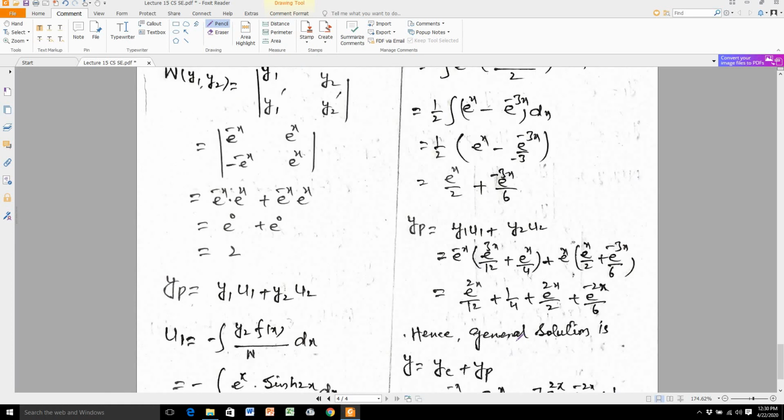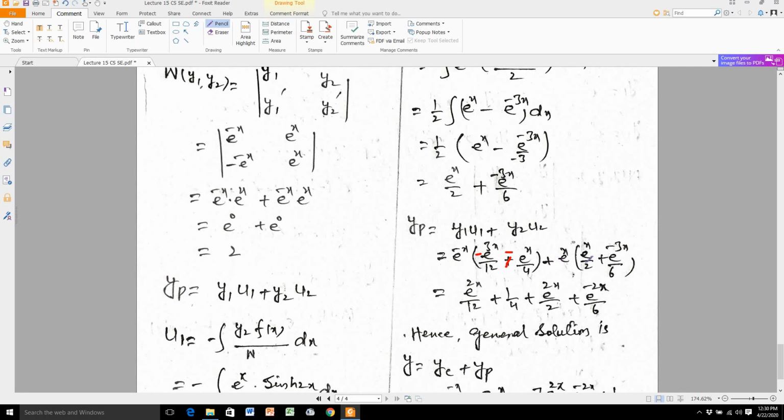Now we are able to compute the particular solution, that is yp is equal to y1 u1 plus y2 u2. Here I am writing the value of y1, that is e raised to the power minus x, and then I write the value of u1. Here I make a correction: the negative sign, and here also a negative sign. On both places there is a negative sign.